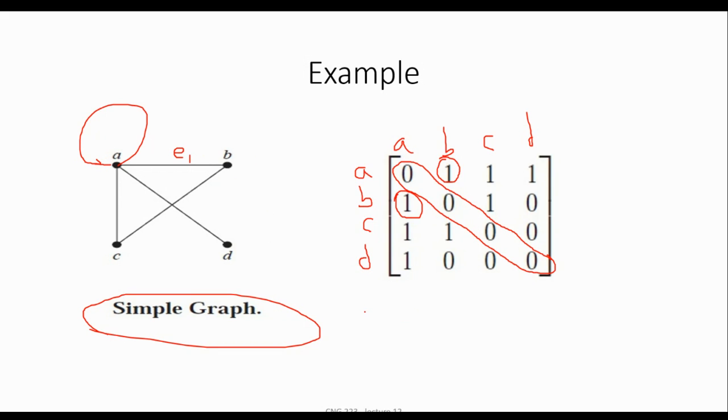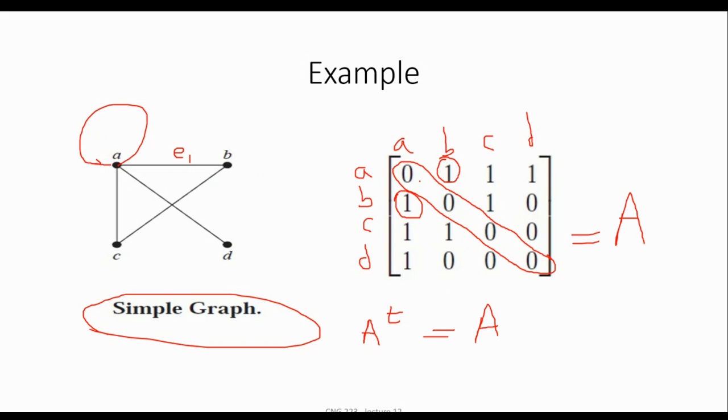And whenever a matrix is symmetric, what does it mean? It means that if I call the matrix A, then the transpose of this matrix should be exactly the same as the matrix itself. Why is this happening? Because I'm talking about an undirected graph, not just because this is simple.